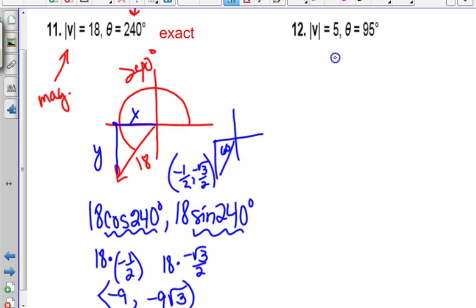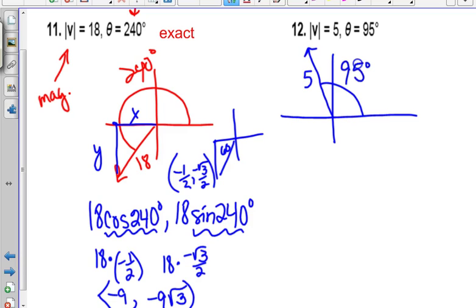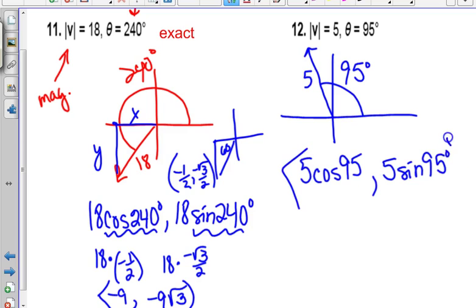All right, so what about this one? Is this one going to use the unit circle? No. It's 5 long and the angle with the x is 95 degrees. So we need to do 5 cosine of 95 and 5 sine of 95. What kind of an answer? I just need positive, negative. In this quadrant, I should get a what?